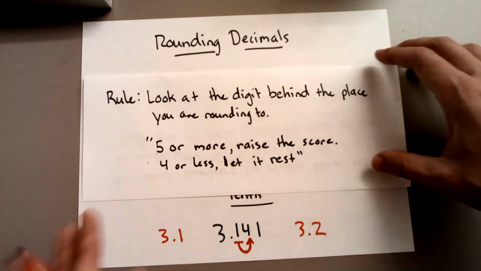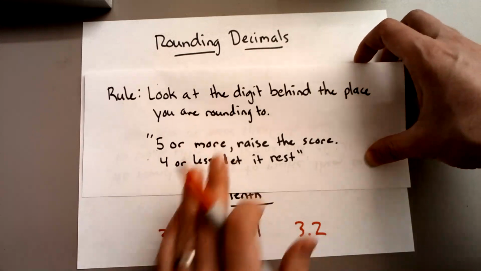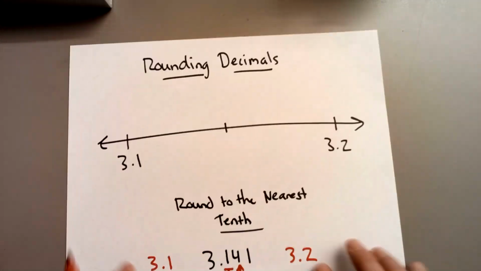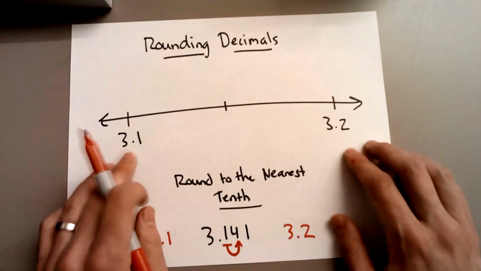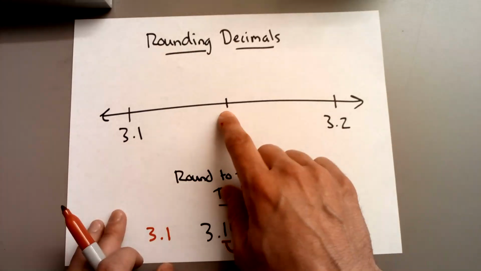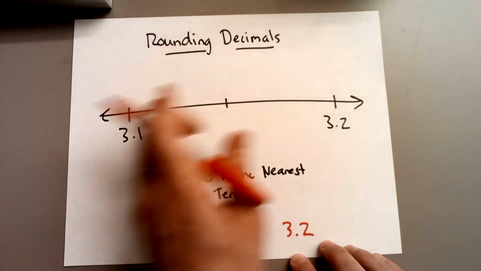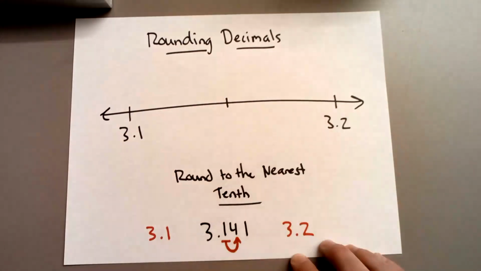Let me show you on a number line why this rule works, because I want you to know why it works. If we look at this number line here between 3 and 1/10 and 3 and 2/10, we have to figure out, well, what's this number in the middle? Because I have to figure out if this number that I'm rounding is closer to this side of the number line or it's closer to that side of the number line.